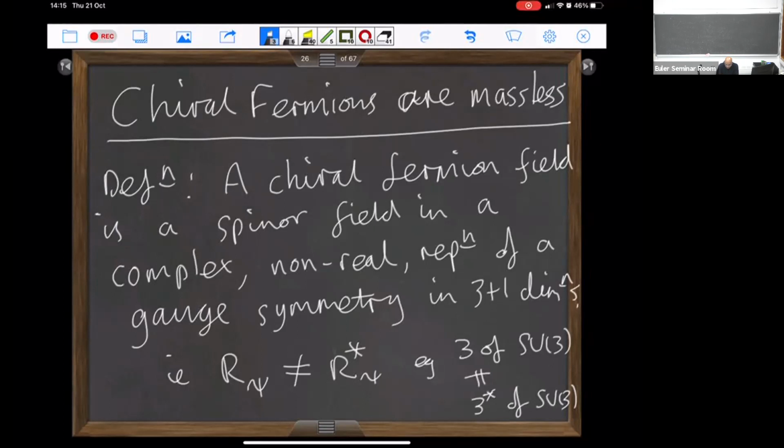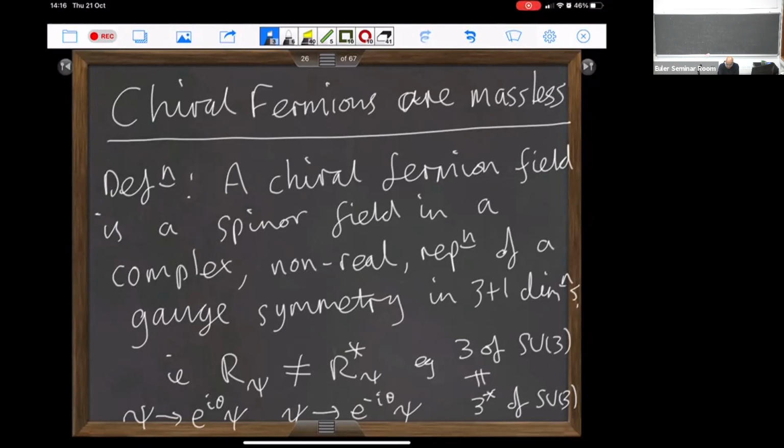So for example, the standard representation of U1, psi goes to e to the i theta psi, is not equivalent to the representation psi goes to e to the minus i theta psi. These are, in suitable normalization, the first one is charge +1 and the second one is charge -1.